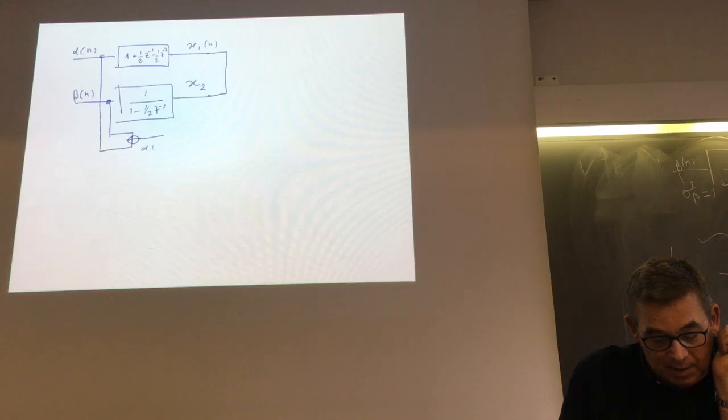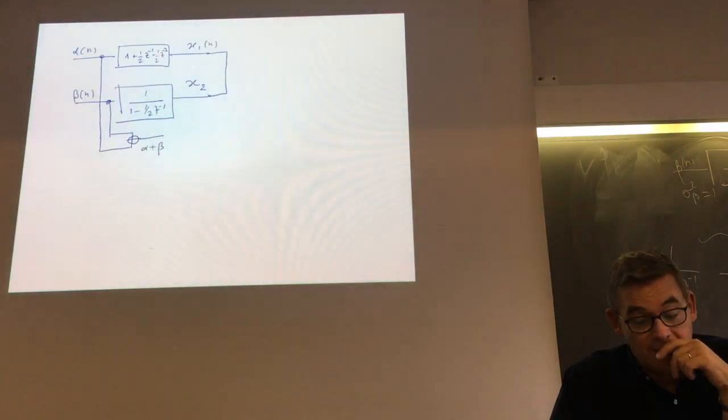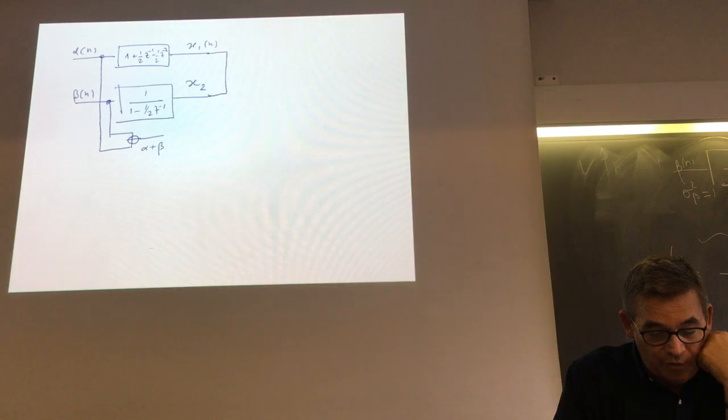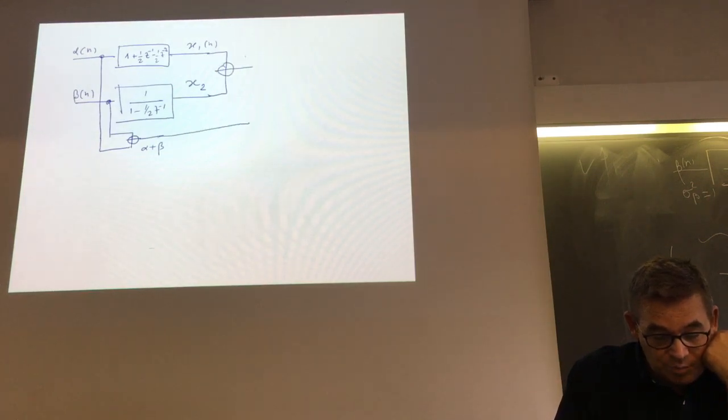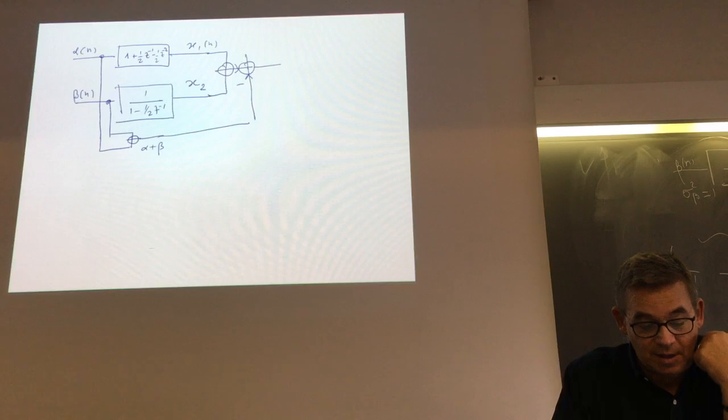Here I have alpha plus beta. And then if I look at the formula, now I subtract alpha plus beta, and this makes y n.